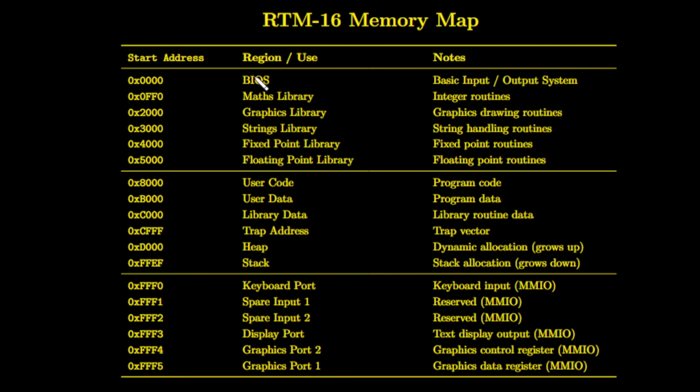So in the second column here, we've got a description of what the libraries are, or what the space is used for, and then a little note here, just a description of it.